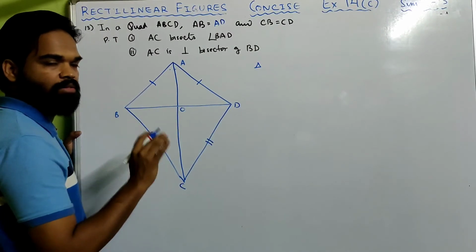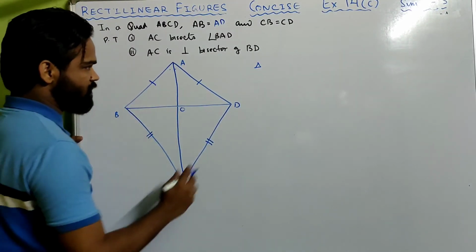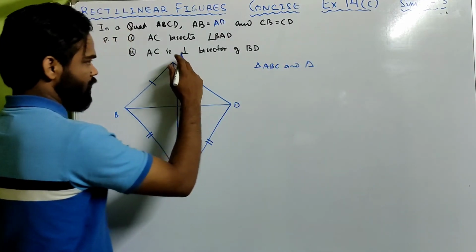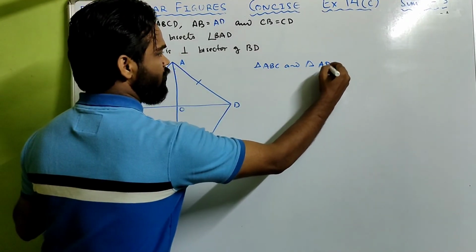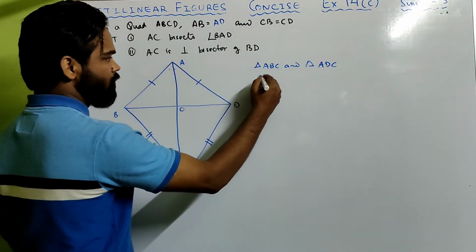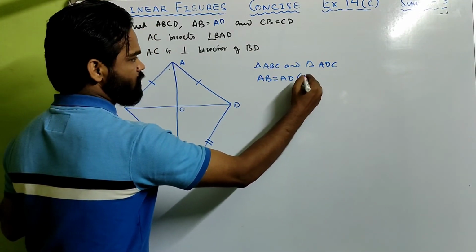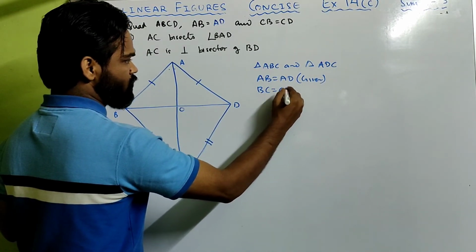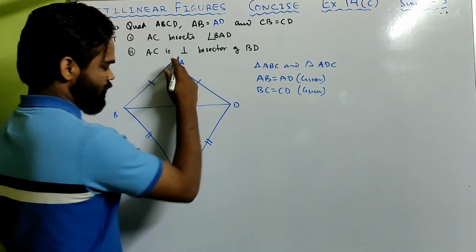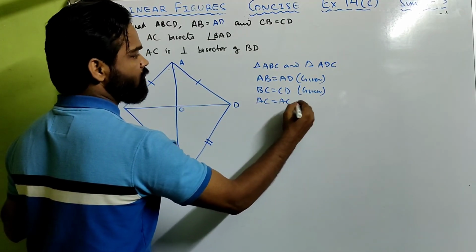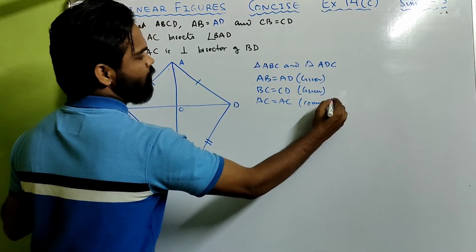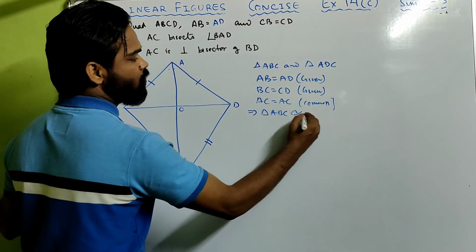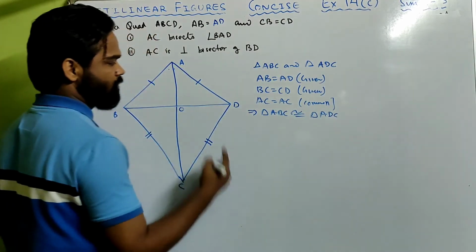Congruency is very important in all these sums. Look at triangle ABC and triangle ADC. AB is equal to AD, this is given to us. BC is equal to CD, this is given to us. AC equals AC, that's common, which clearly means that triangle ABC is congruent to triangle ADC, isn't it?